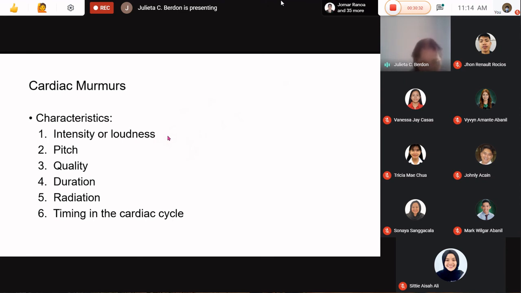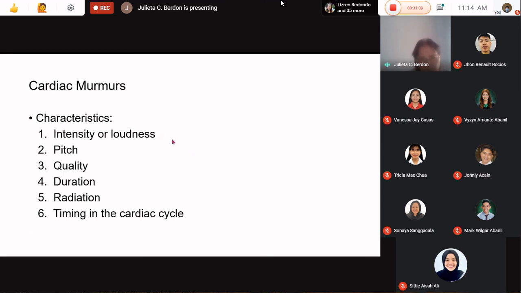Grade 6 is extreme; you can sometimes hear it even without a stethoscope. So for very loud murmurs, you grade it from 1 to 6.